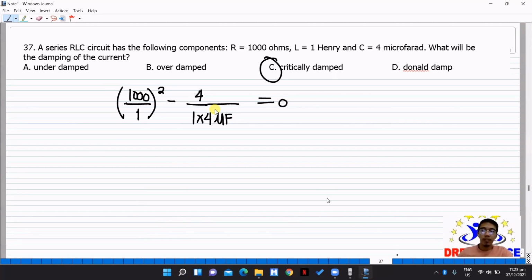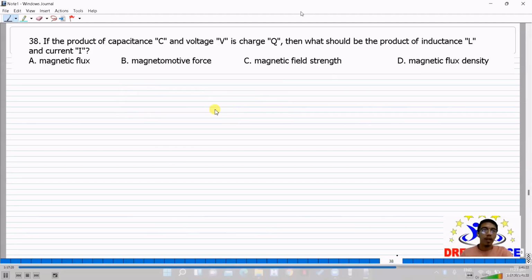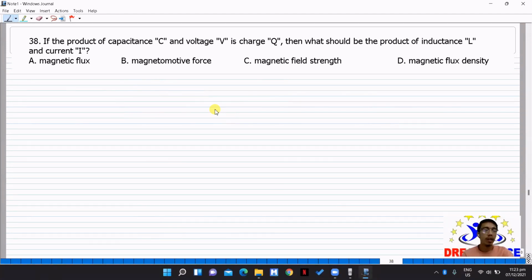Next, number 38. If the product of the capacitance C and the voltage V is charge Q, then what should be the product of inductance L and current I? So I think this is under yung magnetic circuits na.